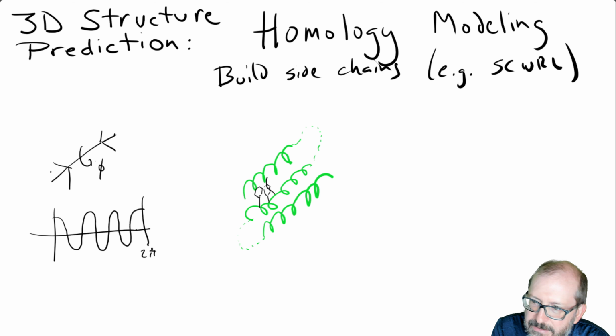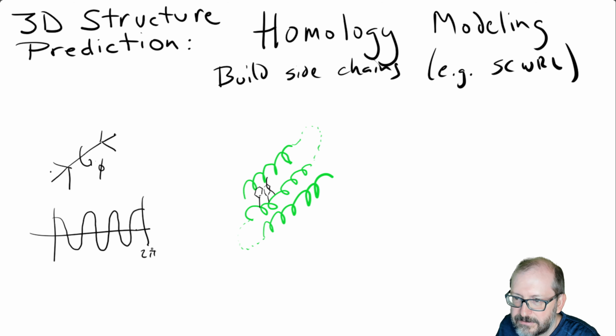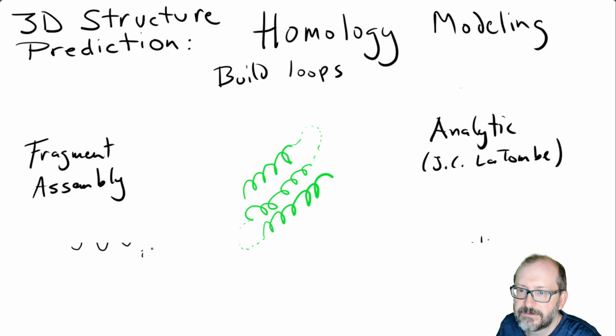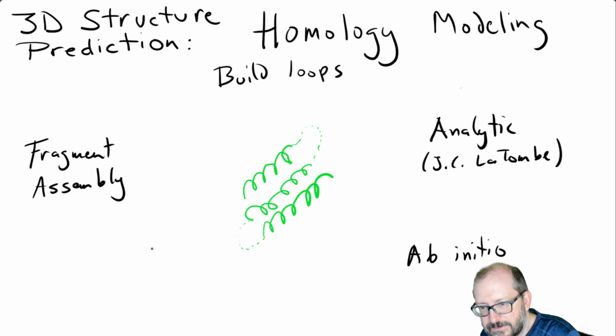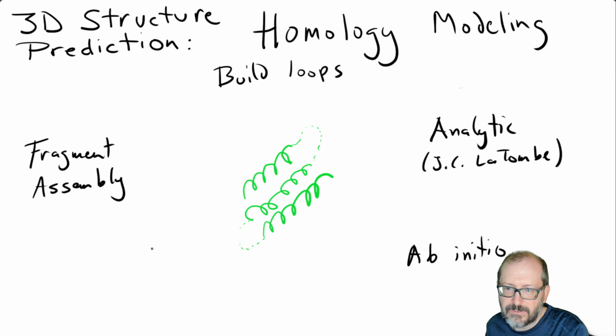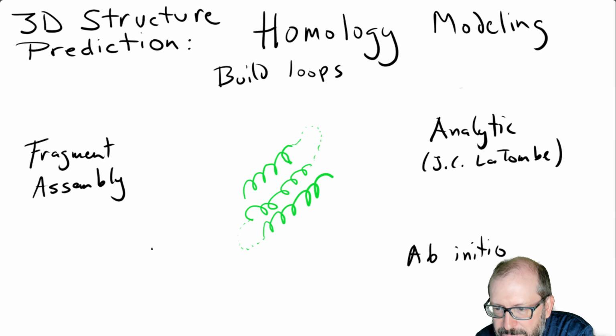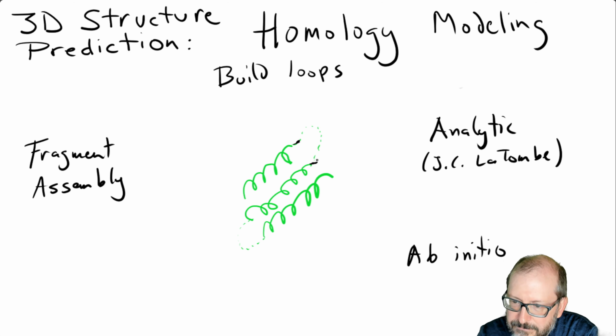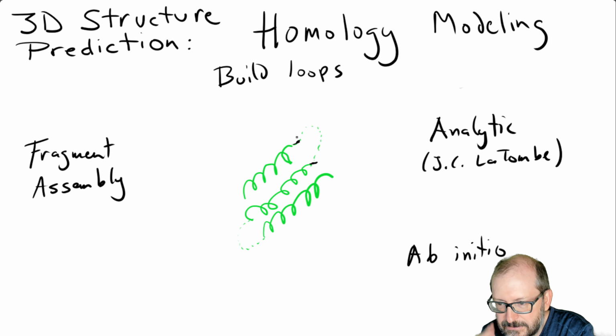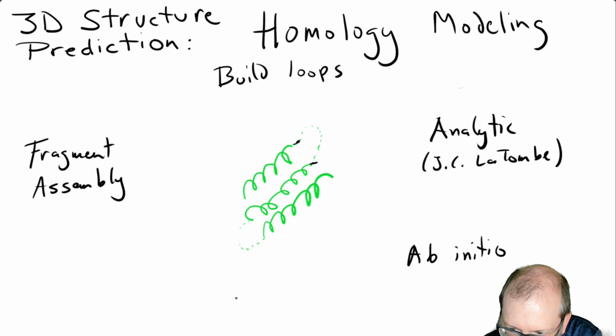And then you have to go and solve the problem of your surface loops. There are a couple of ways to do this. One way is by fragment assembly. The way fragment assembly works is you identify the loop that you want to place, and you identify anchor points. These are bonds that are resolved in your protein, and you need the distance and the relative angle of these two bonds, like this.